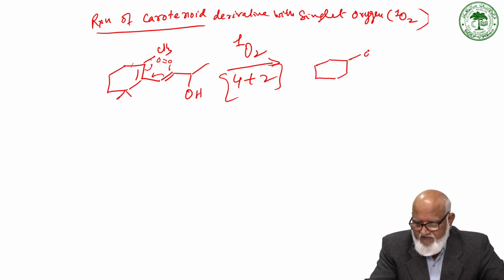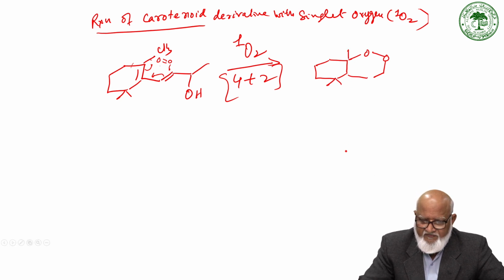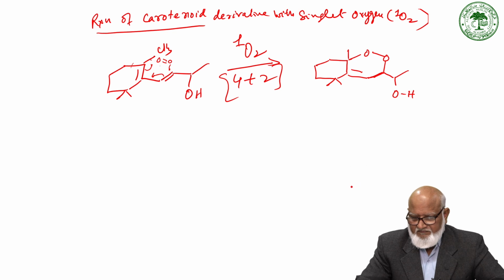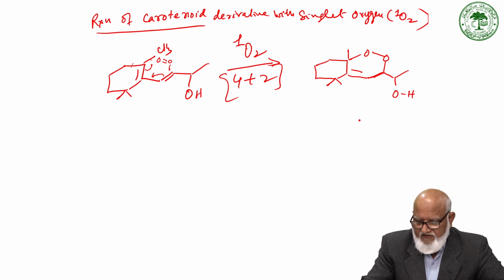We have an oxygen, another oxygen, a methyl group here, a shifting of the double bond to this, and then we have an OH. This product is the endoperoxide, formed after the addition of singlet oxygen with this diene of the naturally occurring carotenoid derivative.